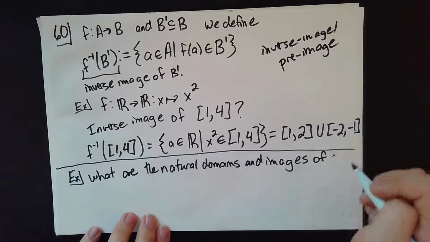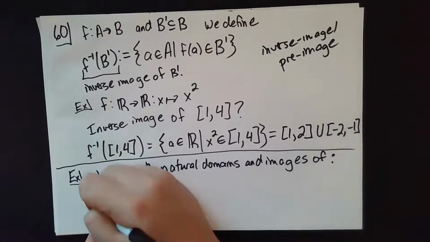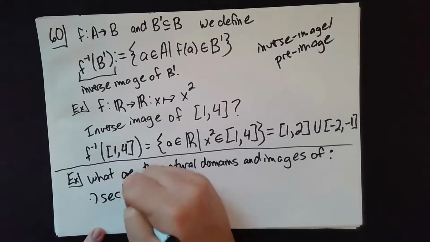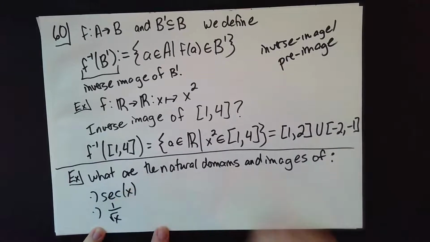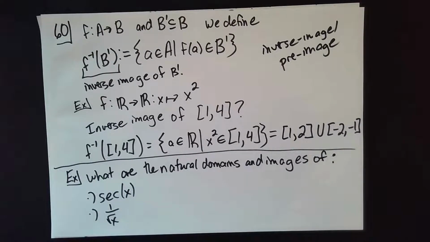Okay, and so I will pick secant of x and 1 over the square root of x. So I'll give you just a handful of minutes to think about these and think about what the natural domains of these functions are and what their images are.